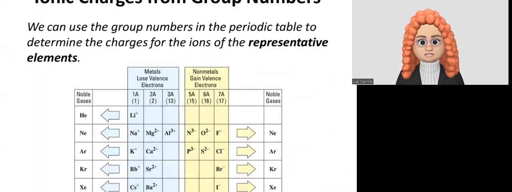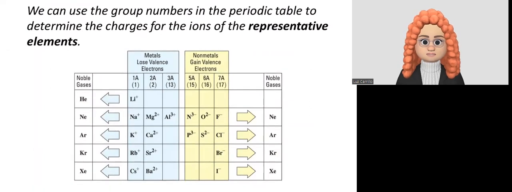And as you can observe here, when it comes to group 1A, all of the elements in that column, and here we don't have hydrogen illustrated because hydrogen is going to be a special element that can form cations, and at times it can form anions. But overall, in group 1A, we can see that lithium, sodium, potassium, rubidium, cesium is going to have a +1 charge. All of them.